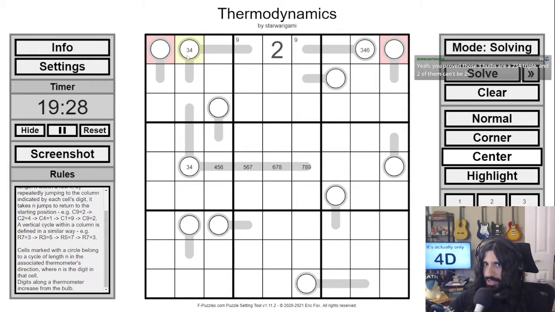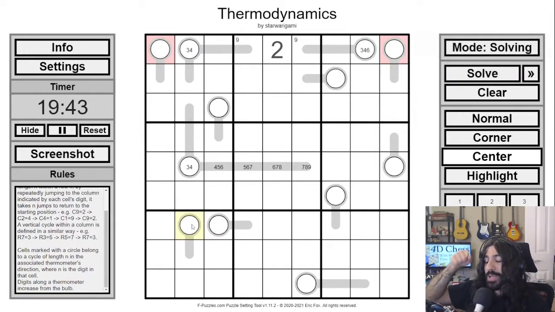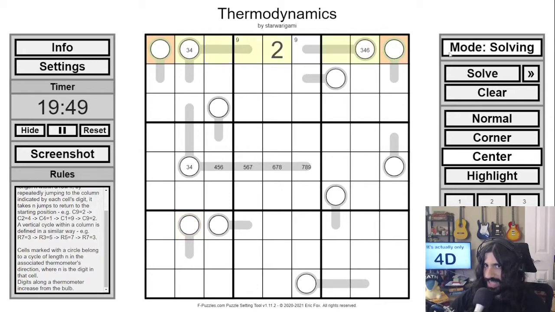There can be no other cycle of length 1, because that would mean that there's a 1 in a... sorry. For this to be involved, this number can either be a 1 or a 2, because it has to be in a cycle and it has to dictate the length of that cycle. This can't be a 1, because a cycle of length 1 with a 1 in it can only happen in the first row for a vertical cycle.